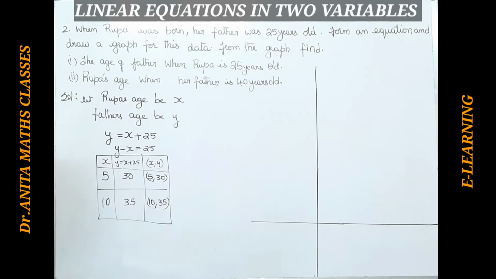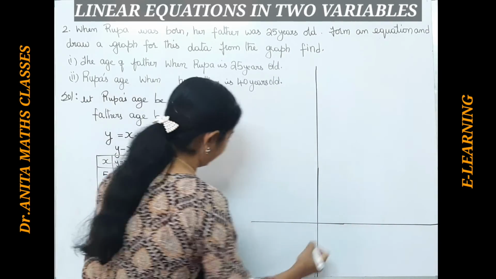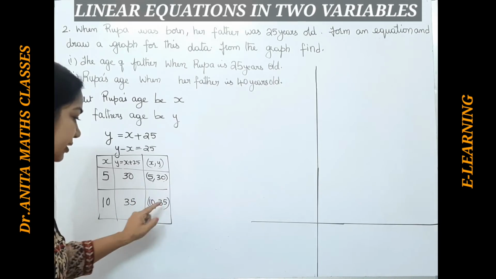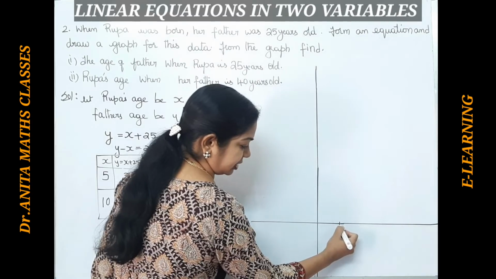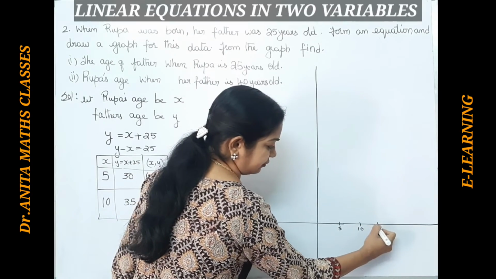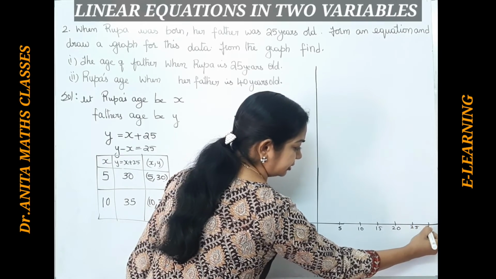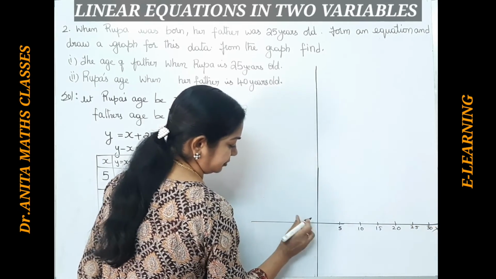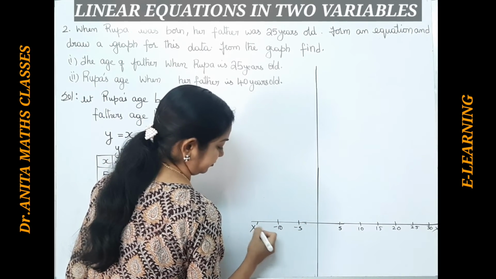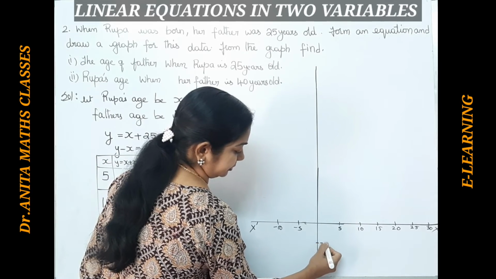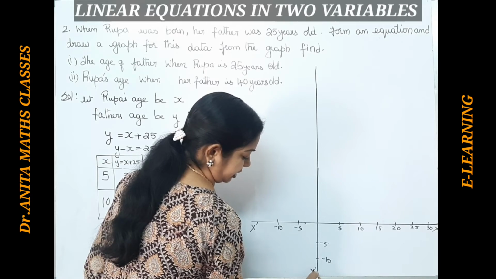Let us plot the graph. Now here to plot the graph, I have noted down the coordinate axes. Because the values are 5, 30, 10, 35, let me take the multiples of 5; if I take 1, 2, 3, it cannot work out. So let us take 5, 10, 15, 20, 25, 30. So this is the x axis. Similarly, minus 5, minus 10 here, and this is the negative y axis.